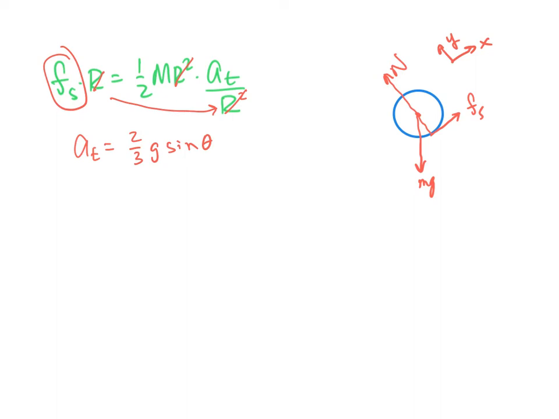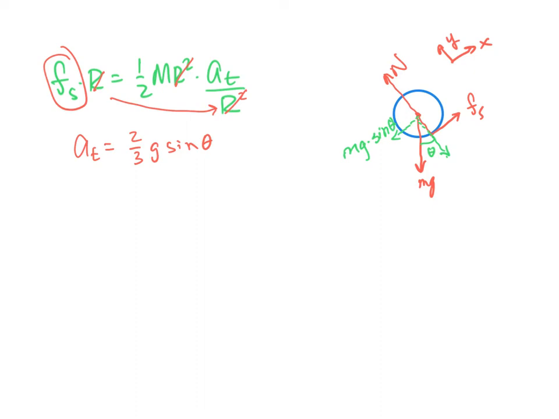Even though I've drawn my force diagram with the forces at the point of application, I still know that in the x direction I've got a net force of mg times sine of theta going down the ramp, minus the friction force the other way, equal to my net force.